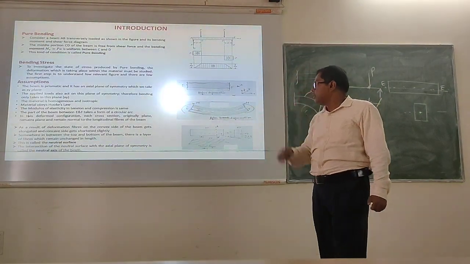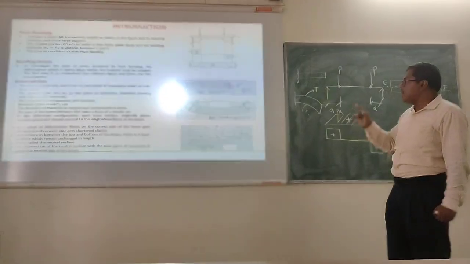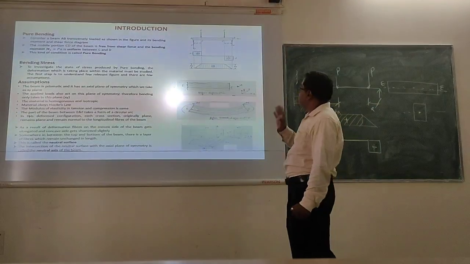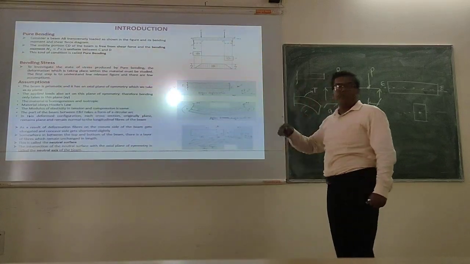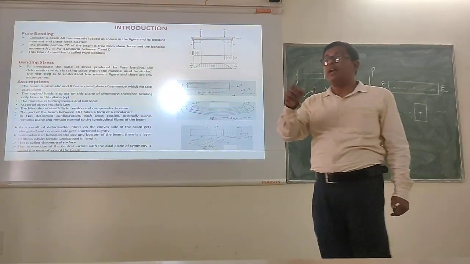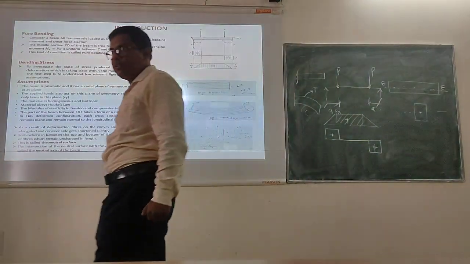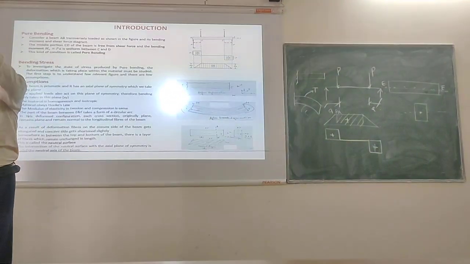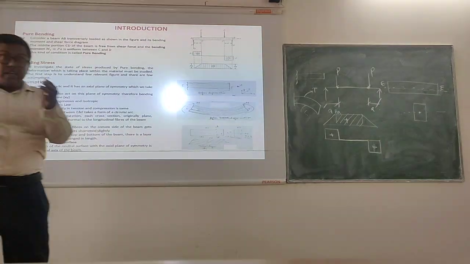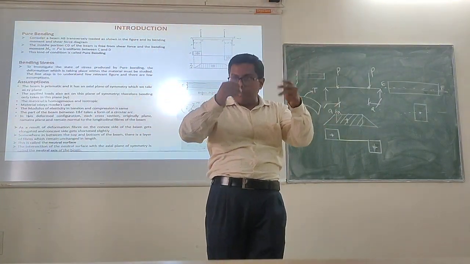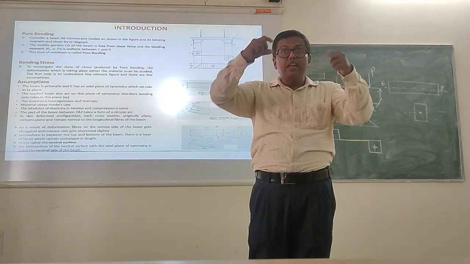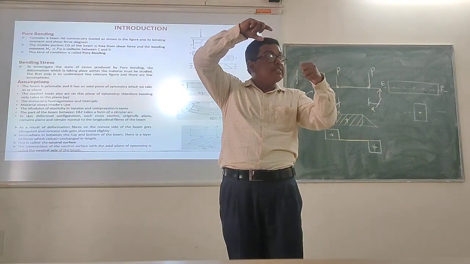Next assumption. The part of the beam between E and F, EF, okay, takes the form of a circular arc. This is another very, very important assumption. Okay? So if I cut a beam which is under pure bending condition, if I cut it after the loading, you will see a circular kind of arc is coming.